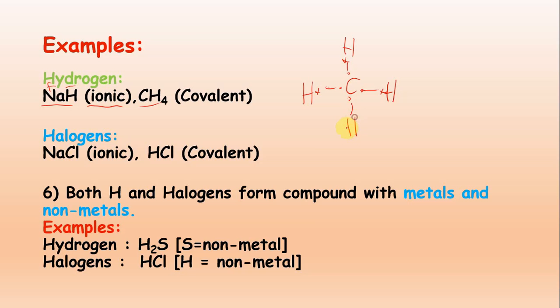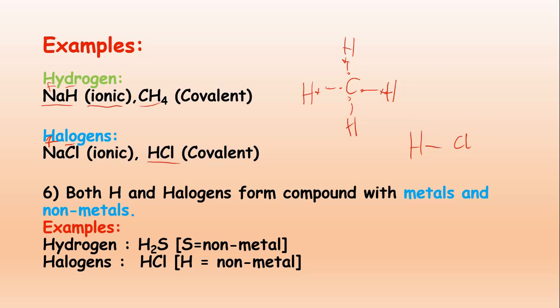So in this way, in methane, hydrogen reacts with carbon to produce covalent bonding, and in sodium hydride it behaves as ionic bonding. Now what about halogens? In NaCl this is ionic bonding, and HCl is covalent bonding, a single sharing of a single electron. So in the same way, hydrogen and the halogens have the ability to form both covalent and ionic bonds.